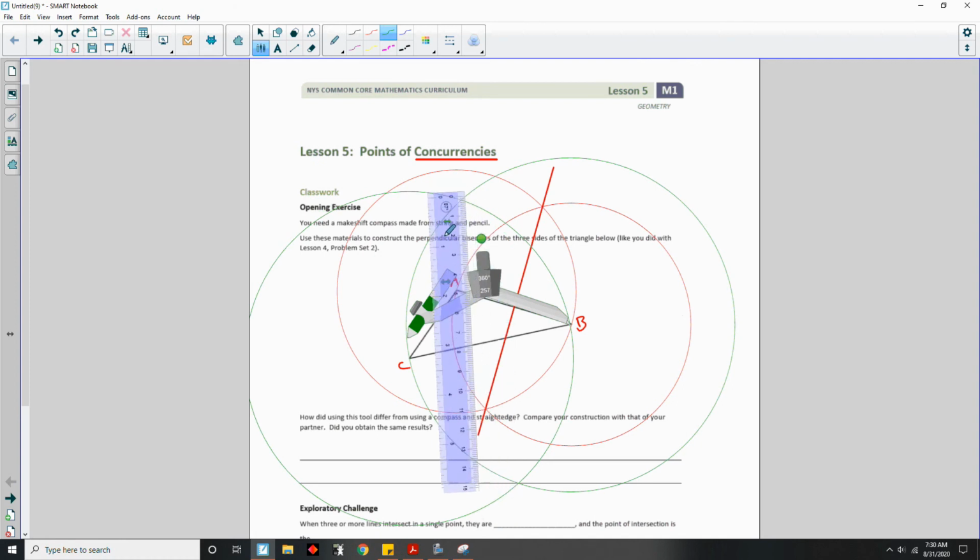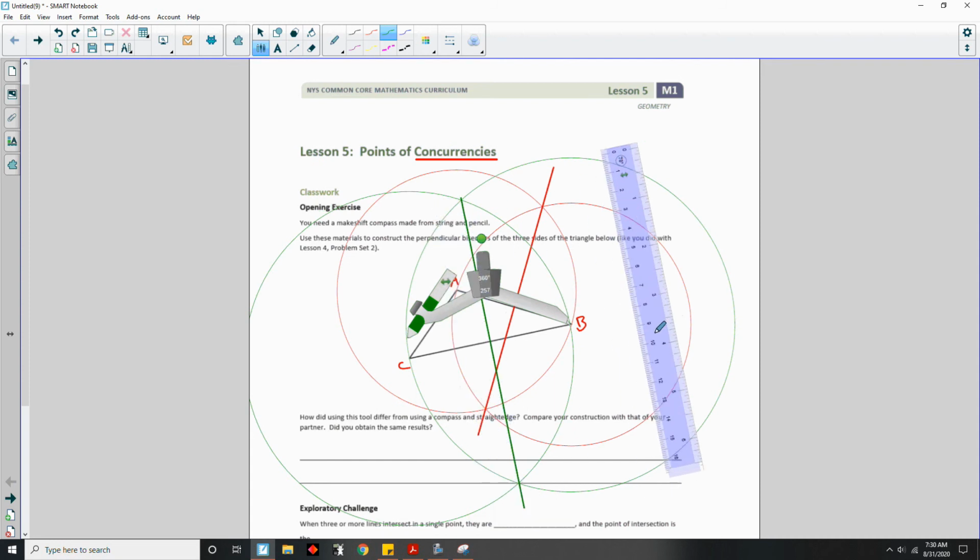How about the green, green intersection, rotate to the other green, green intersection. Okay, just bear with me here. Right about there, and draw a segment.